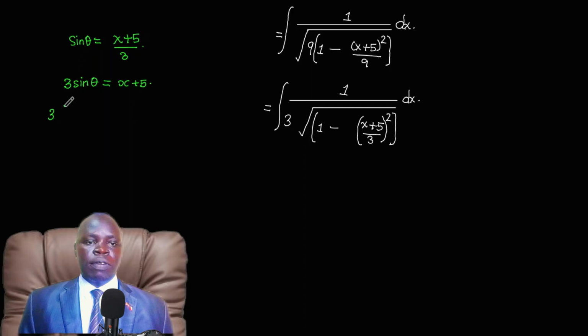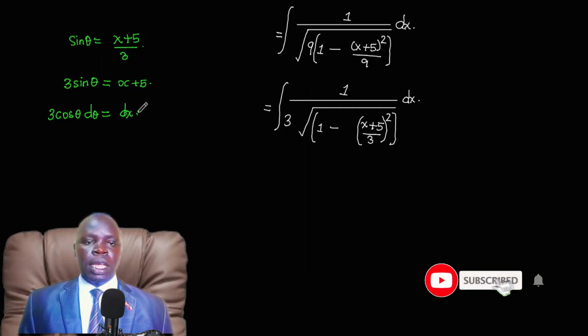So the derivative of sine theta is cos theta d theta, and the derivative of x is 1, and then the derivative of 5 is 0. So generally we have 1 here, dx.